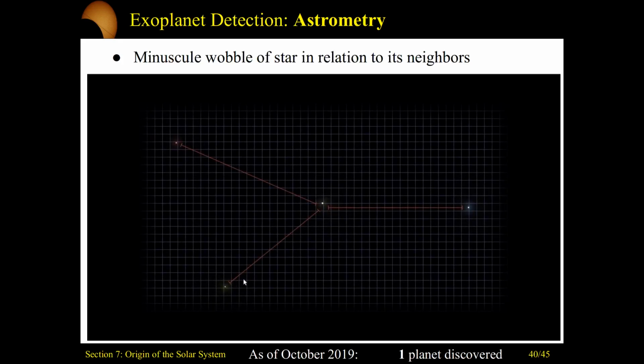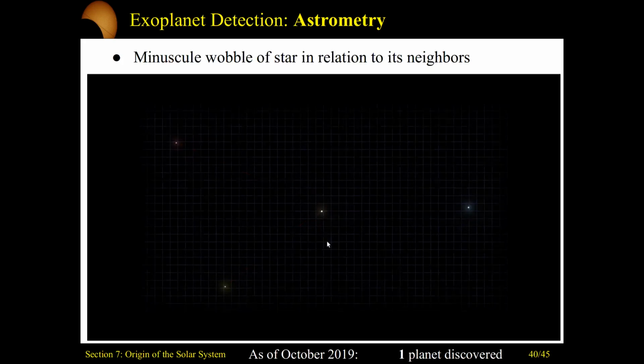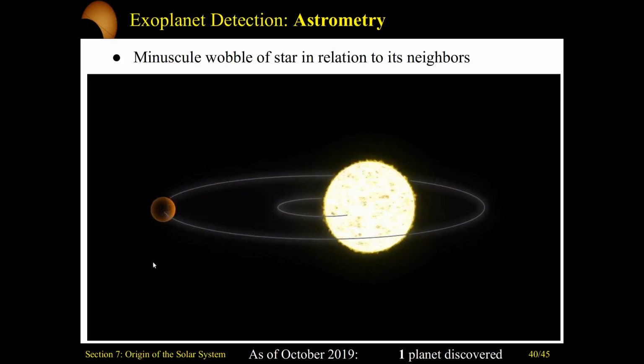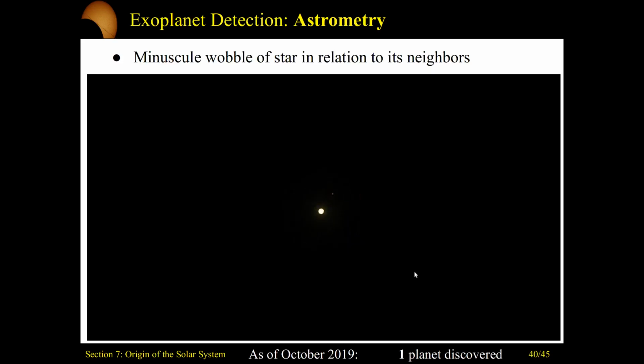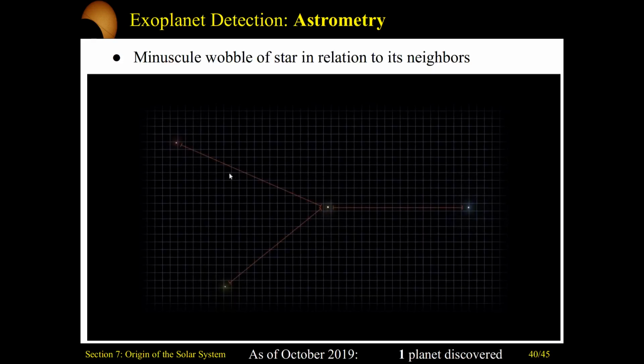So all we have to do is see that star's wobble compared to its neighboring stars. The type of wobble will be based on its orbit with its accompanying planet. That wobble relative to its neighboring stars will predict the mass and distance of a planet orbiting this star here.